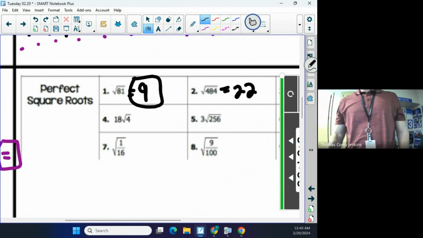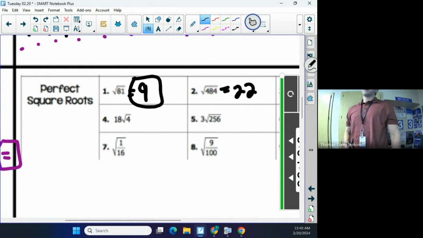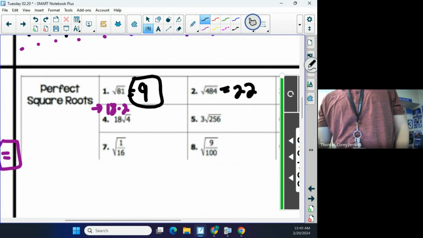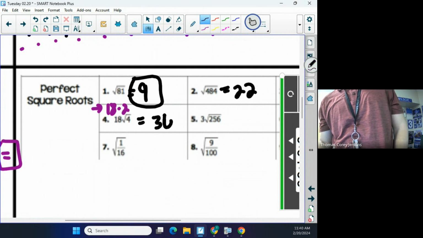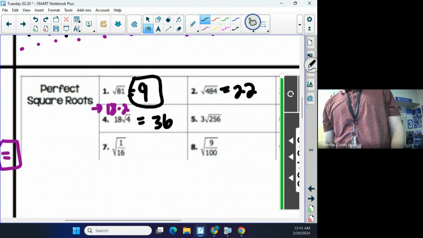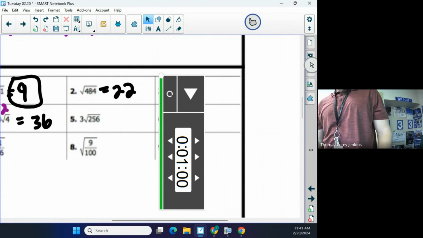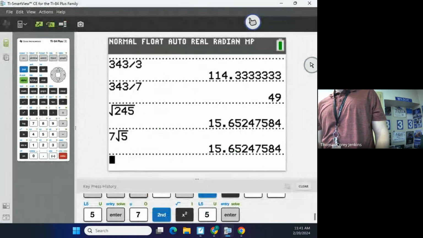All right. Number 4, you would read that as 18 square roots of 4. What it literally means is 18 times the square root of 4, right? So more simply put, it's equal to 18 times 2, which is 36. 256 is a little bigger, so I might type that in.